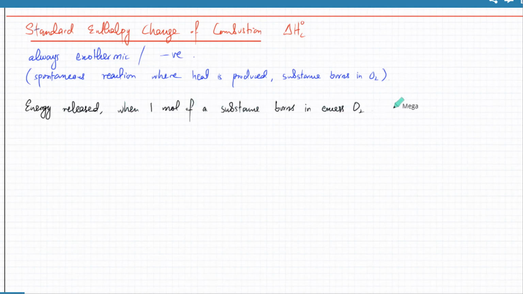So what do we mean by excess oxygen? That it has to be a complete combustion reaction, not a half-baked or incomplete combustion reaction. Let's underline this, what this means is that it has to be a complete combustion reaction.